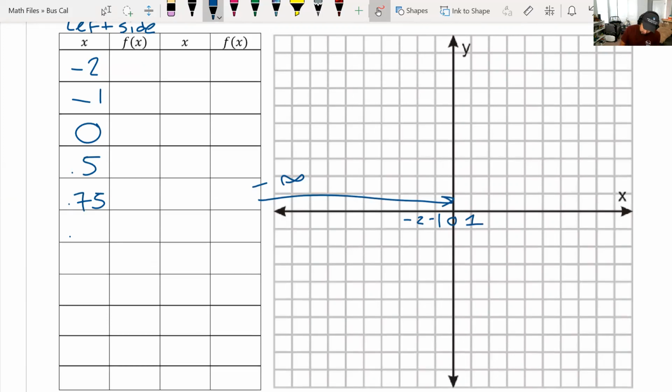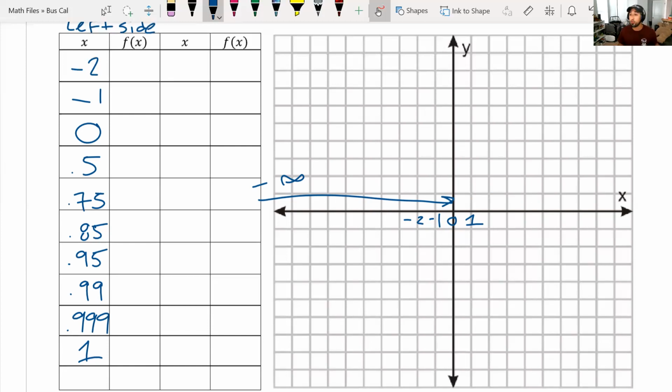How about 0.85, 0.95, 0.99, 0.999, and let's go ahead and choose 1. Okay, so again, these are all numbers to the left of 1. So this is a limit from the left.